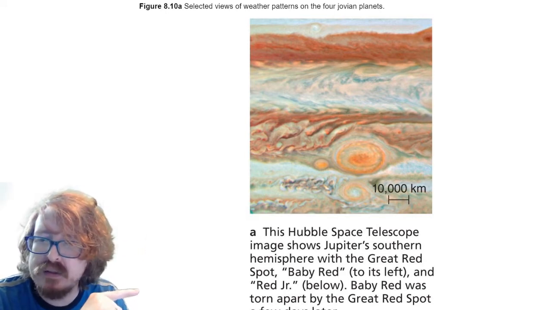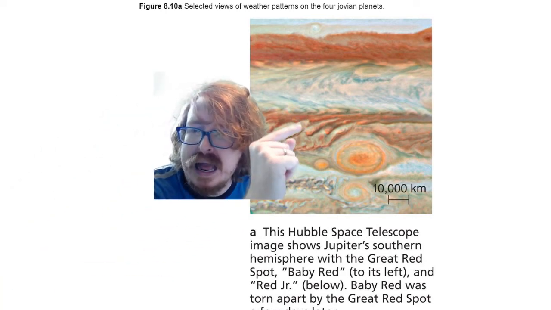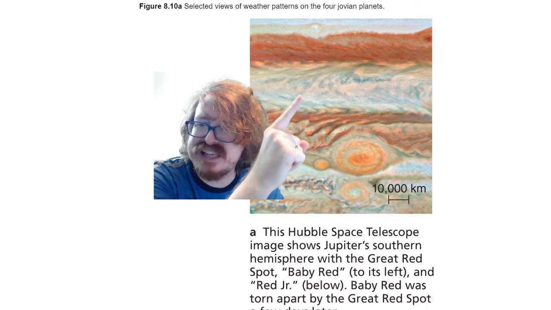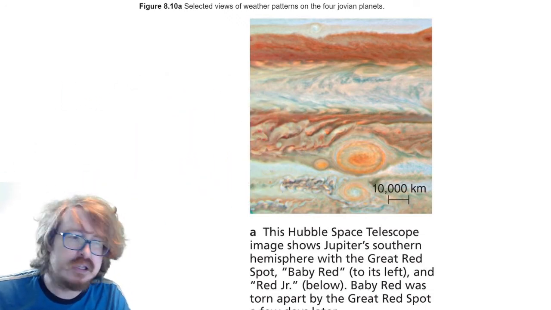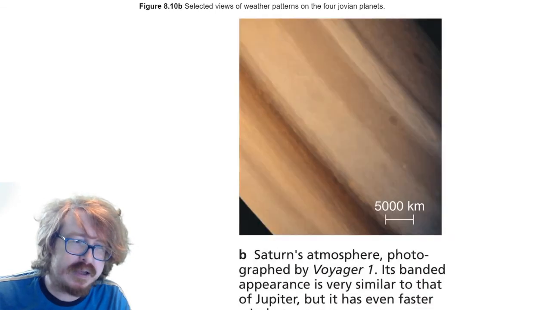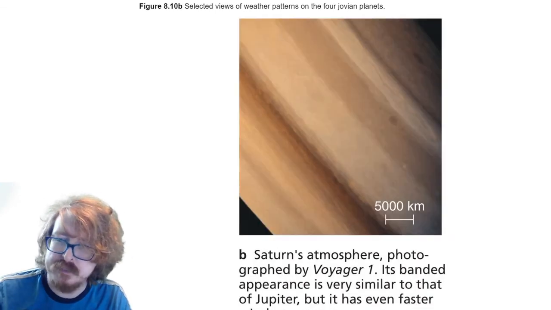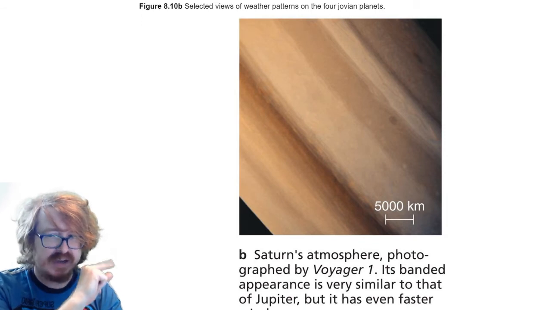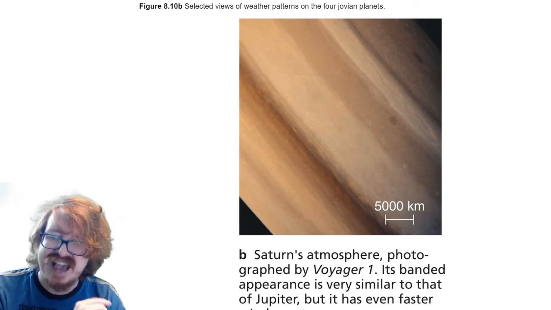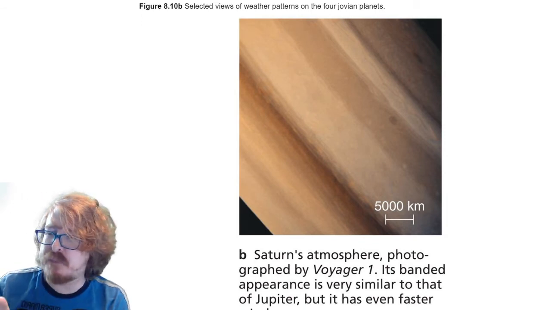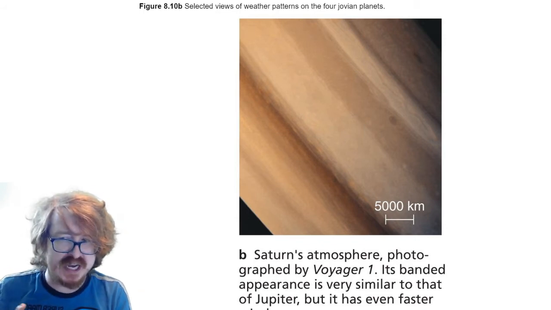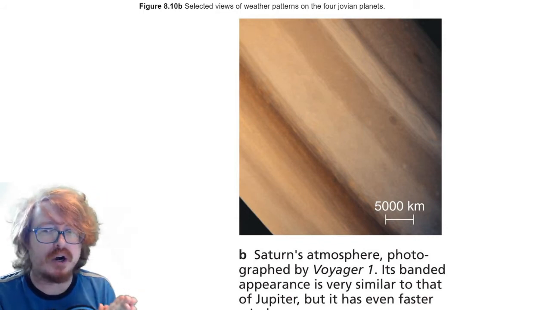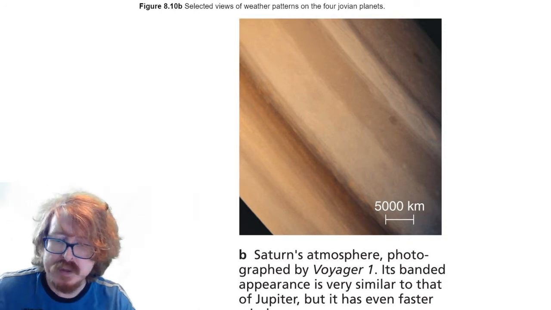So basically, turbulence in the clouds is messing up the perfect stripes here. And so it looks like there's less turbulence on Saturn. But this is an optical illusion. Saturn has just as many spots and swirls and turbulence as Jupiter does. It's just much harder to see.